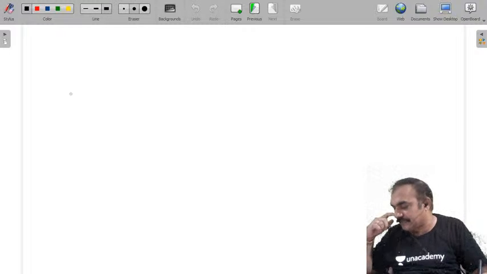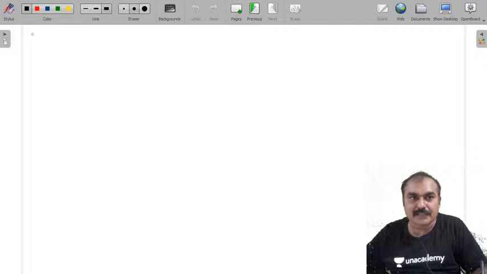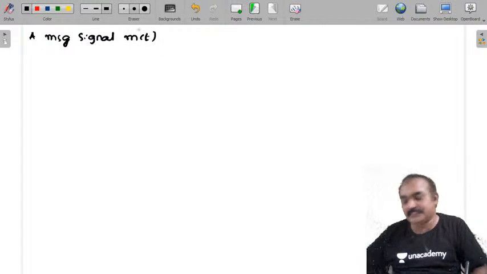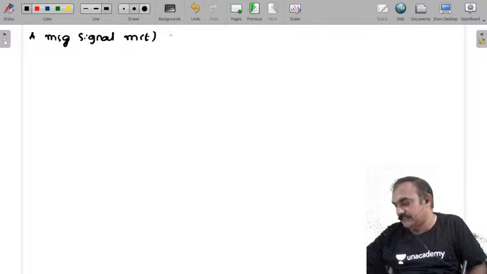As in the following figure, a message signal m of t is given in the figure.